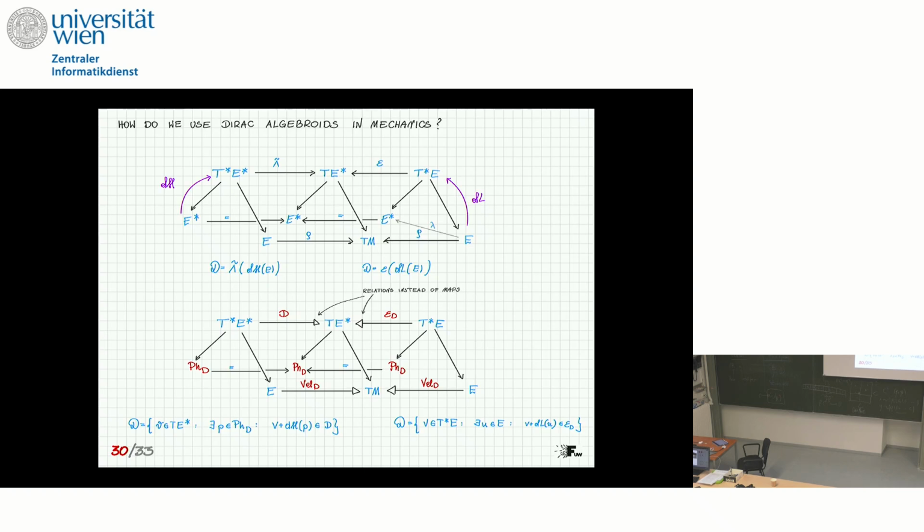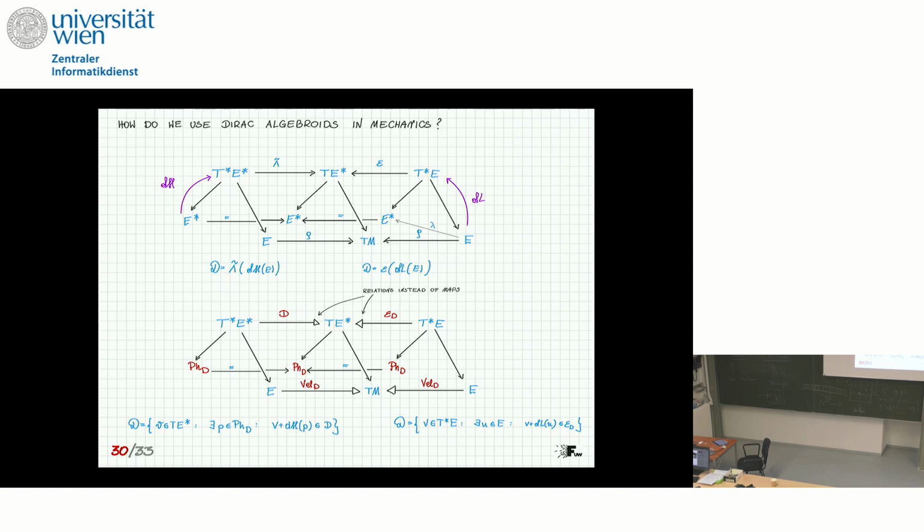So this is the diagram we used for algebroids. And this is the diagram we will use for Dirac algebroids. For true algebroids, we have maps here. And for Dirac algebroids, I will have a relation. The algebroid I got from lambda was a graph of this map. Here I have another subbundle, a double vector subbundle.